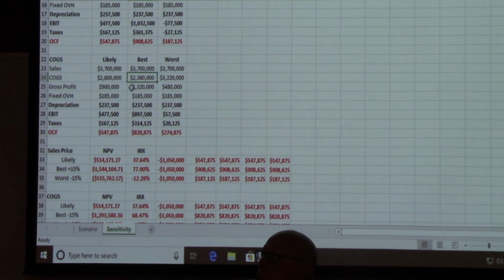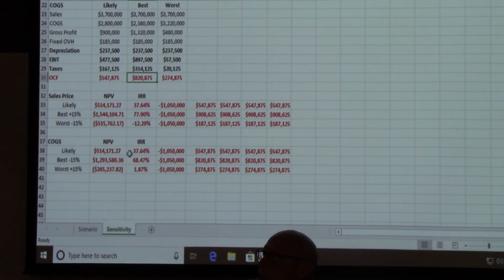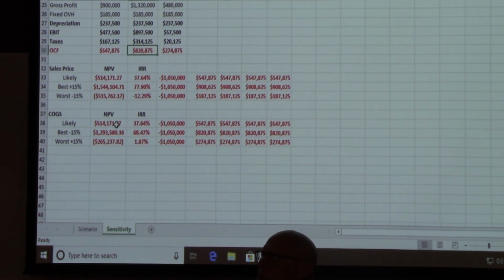Okay? So our sales minus our cost of goods sold, which is now lower by $420,000, goes up by $420,000. Overhead stays the same. Here's our new operating cash flow. And here is our net present value.